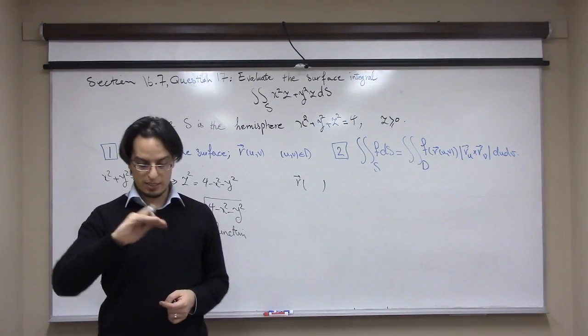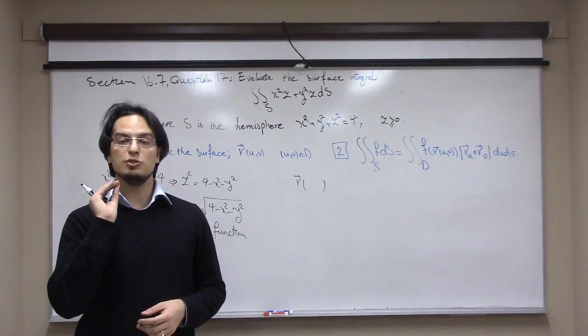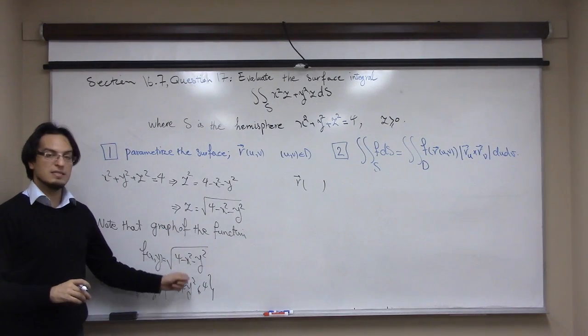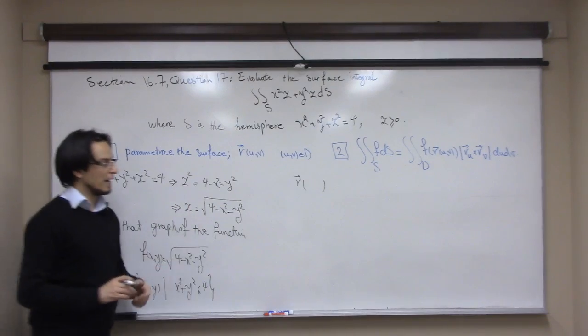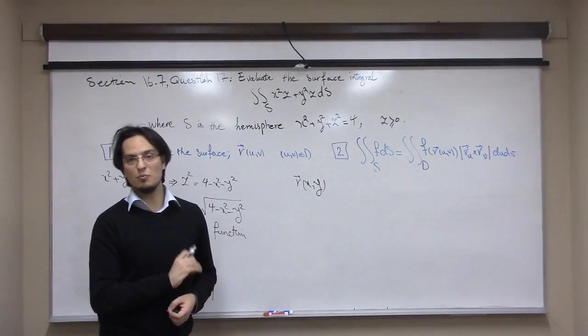To parameterize a surface, I need two parameters. If the surface happens to be the graph of a function, those two parameters are x and y.